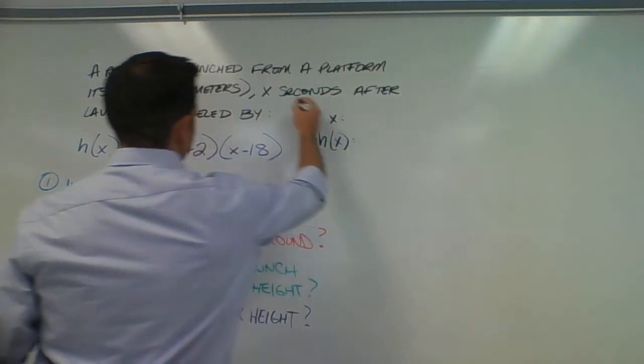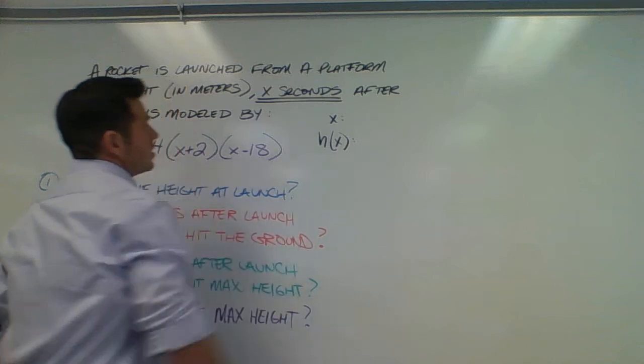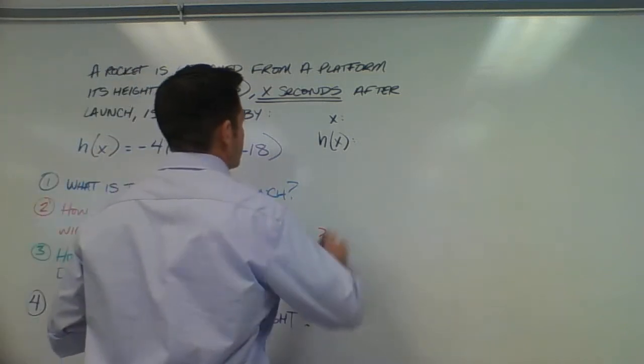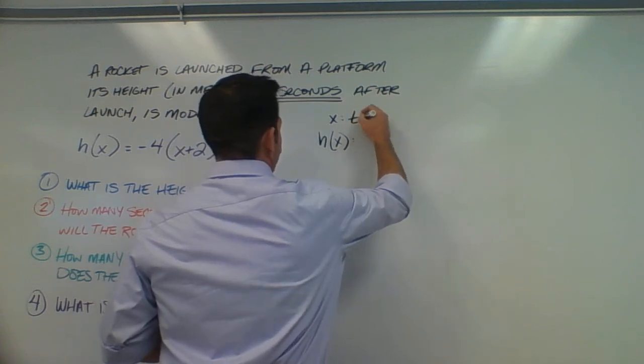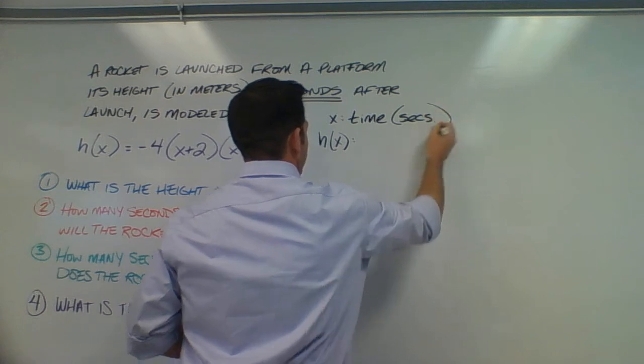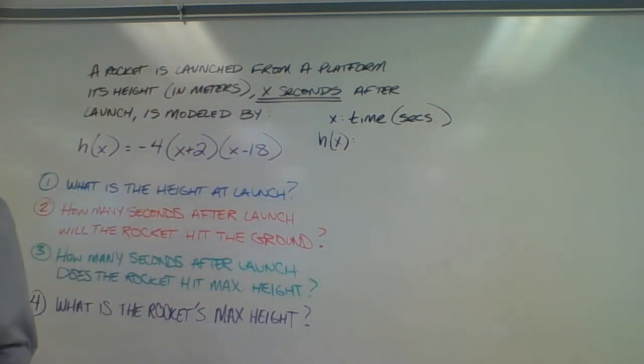So I see the phrasing here, x seconds. I think that from that I can take pretty handily that x is an amount of time. In this case, we're talking about seconds. So I'm fairly positive that x is the amount of time here in seconds.